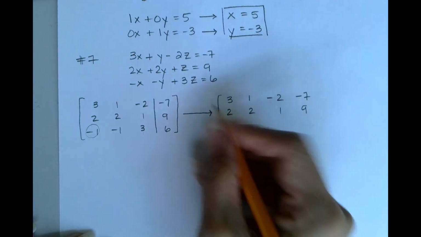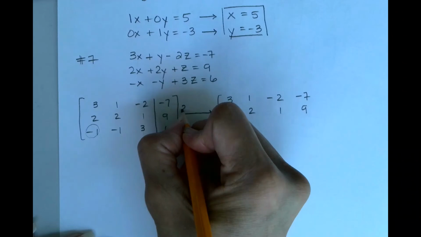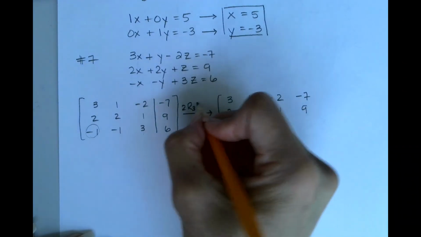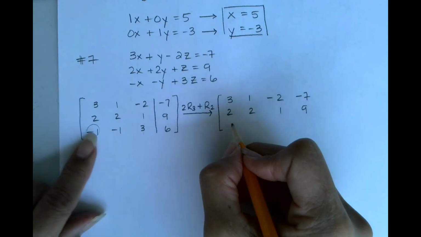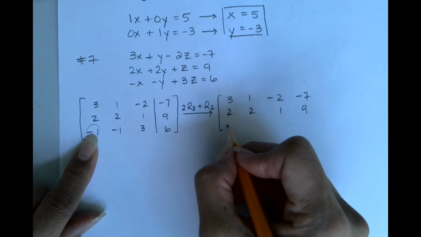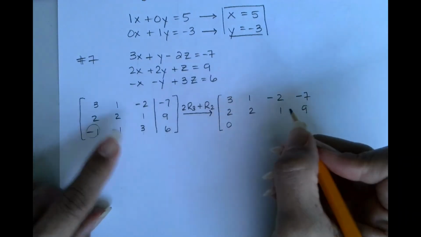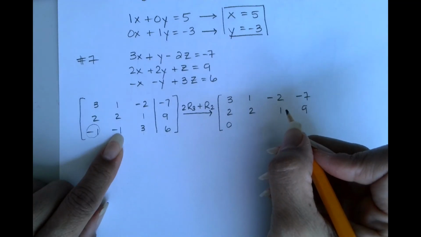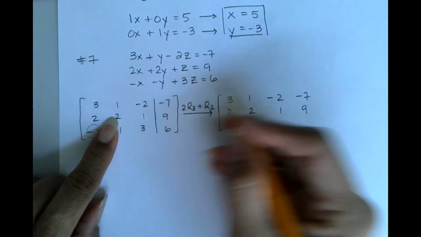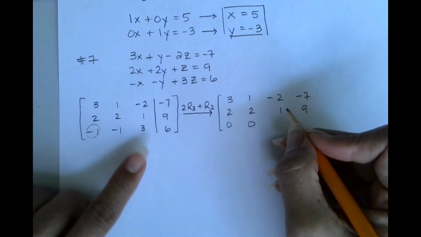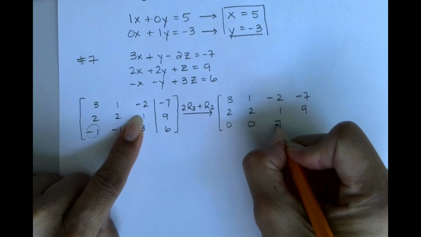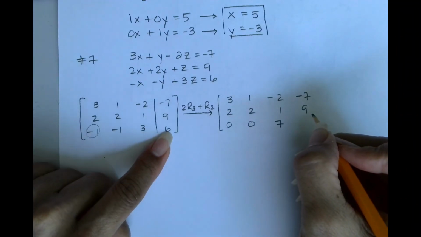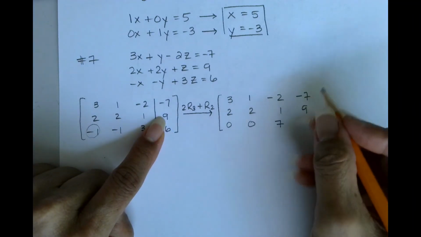This is about to change. So multiplying row 3 by 2, and then I'm going to add row 2 to it. So negative 1 times 2 is negative 2 plus 2 is 0. Negative 1 times 2 is negative 2 plus 2 is 0. 2 times 3 is 6. 6 plus 1 is 7. 6 times 2 is 12. 12 plus 9 is 21.